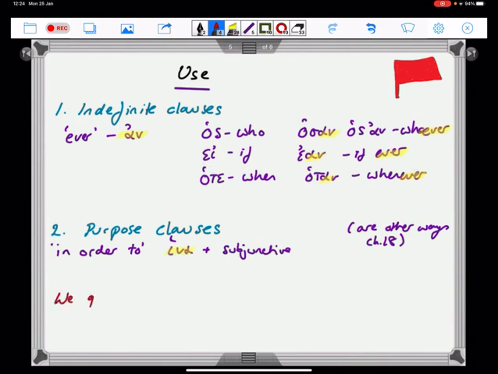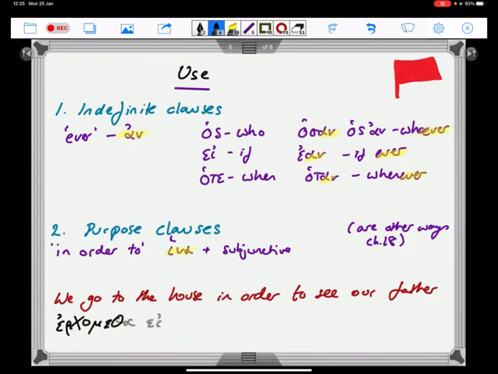We go to the house in order to see our father. You're going to have erchometha pros ten oikian hina blepomen ton patera.